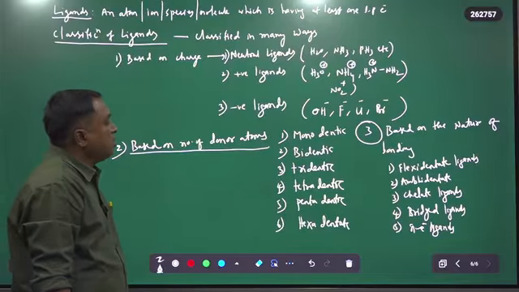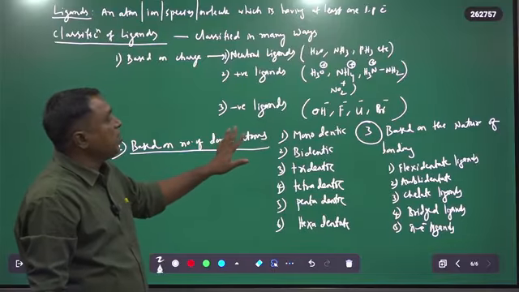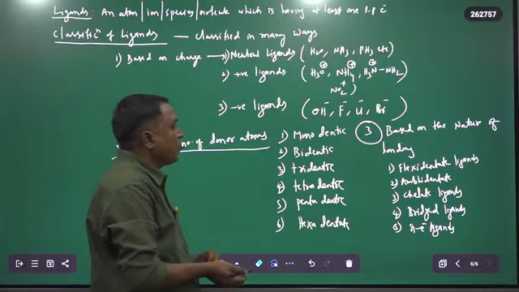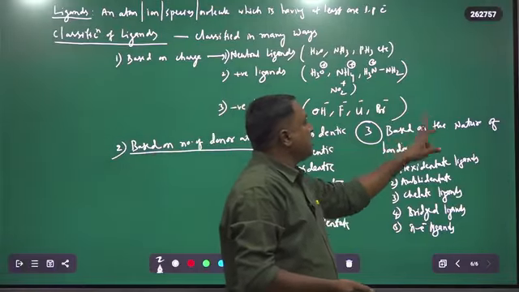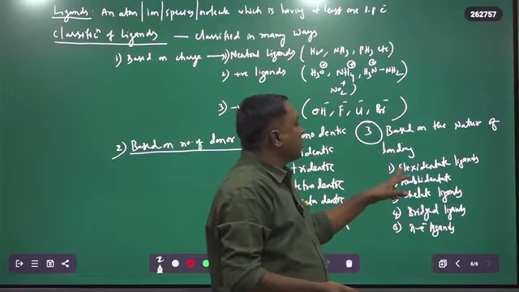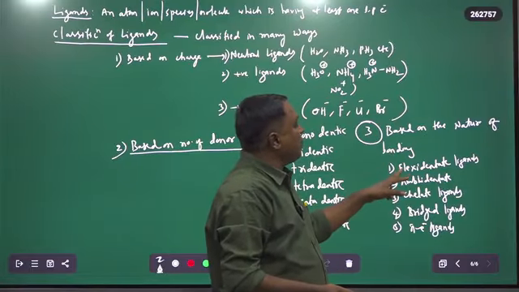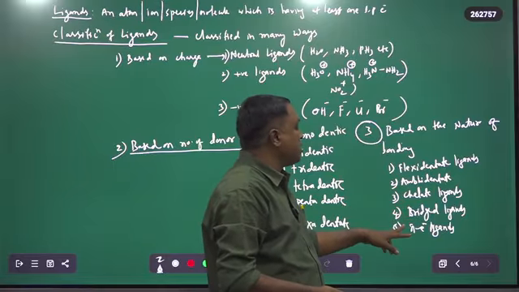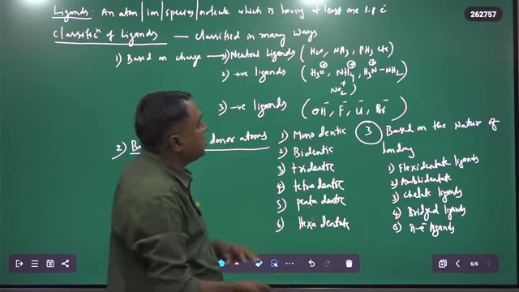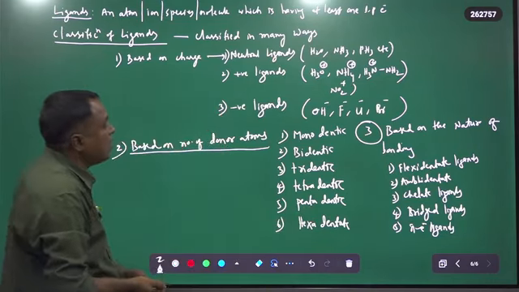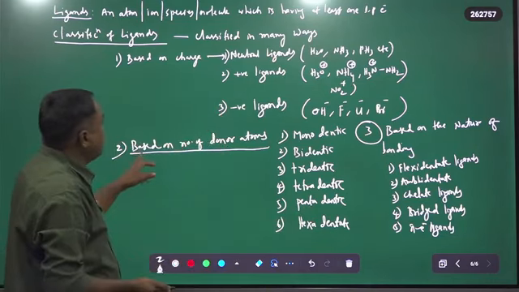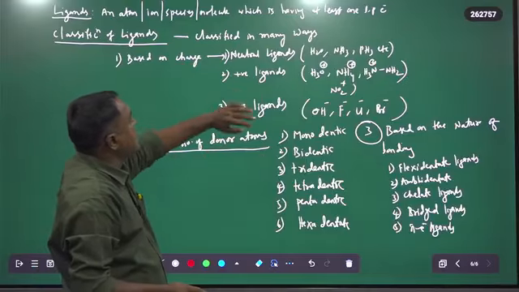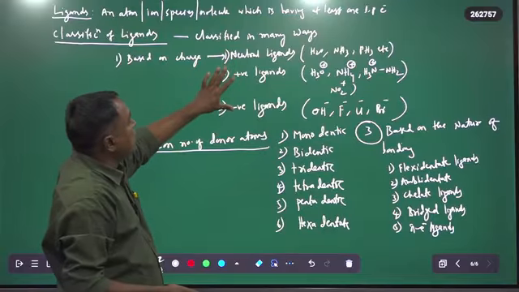There are 5 different types of ligands based on the nature of bonding between the metal and ligand. Based on the number of donor atoms, these are the different types. Based on charge, they are neutral, positive and negative ligands.